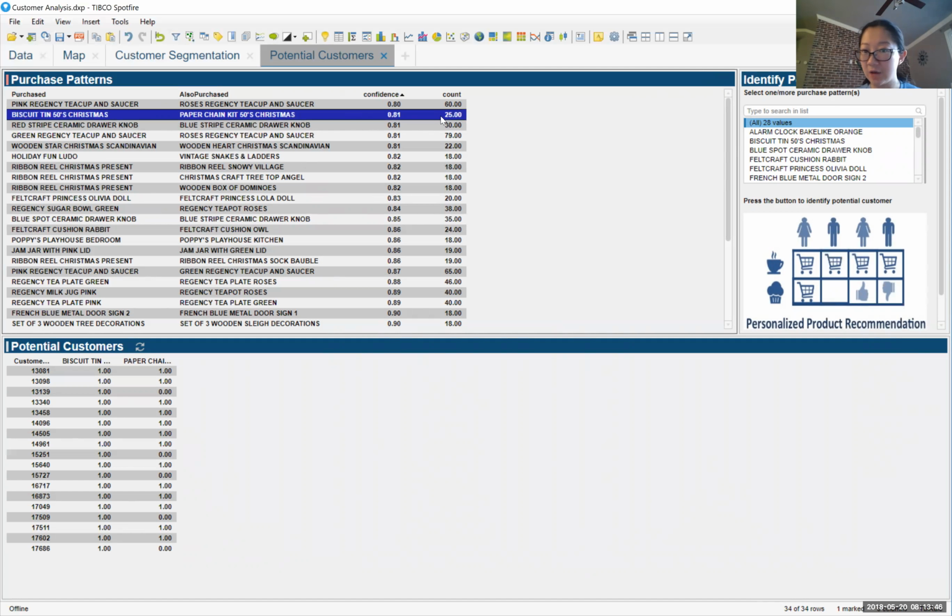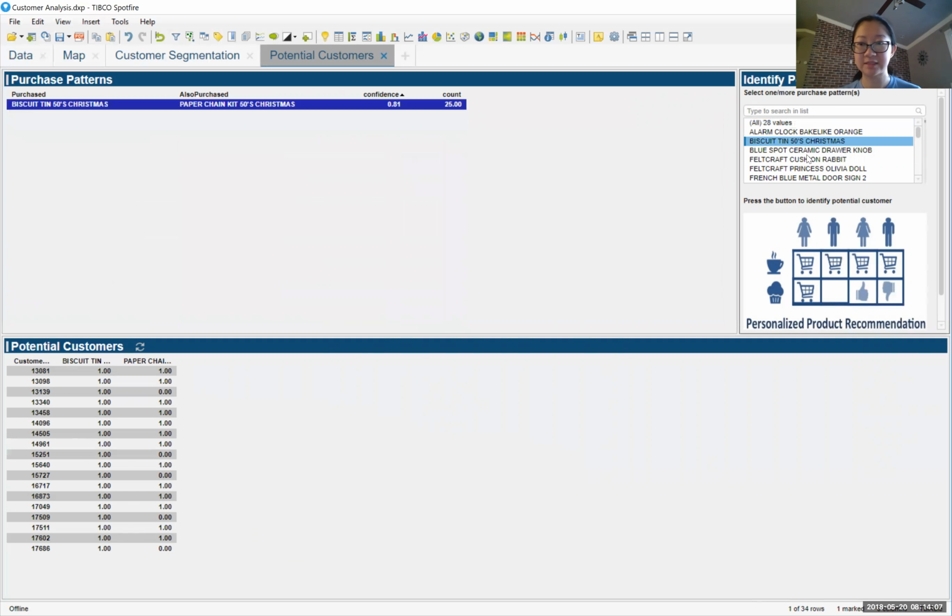This is how many times I see this type of pattern. The confidence says, given the customers buying my biscuits tin 50s Christmas, how likely they are to buy my paper chain kits.